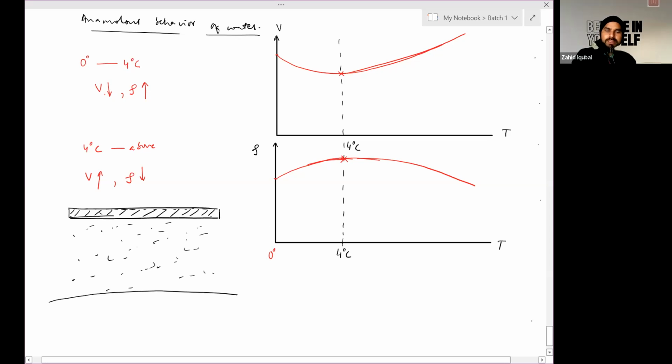Further, it will act as an insulating shield for the inner environment, so that the inner environment remains at 4 degrees Celsius and has greater density as compared to ice, in which all aquatic life survives easily. Is it clear?